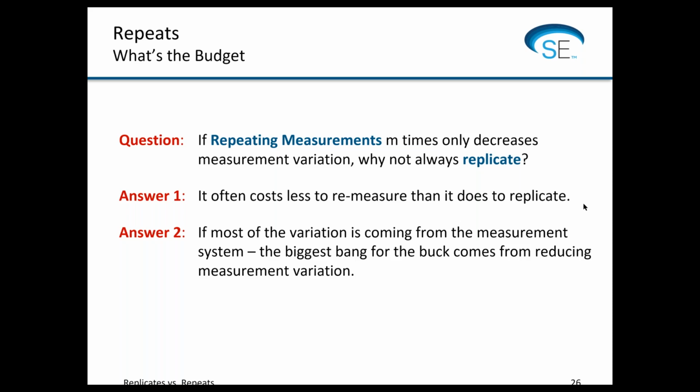If you're only replicating the measurement, that means I make only one run, I measure twice. So it's always going to cost less than replication. If most of the variance is coming from the measurement, then this gives you a really economical way to reduce the noise. You get the biggest bang for the buck by just reducing the measurement variation. However, if the converse is true and most of the noise is coming from the process, it isn't going to help.